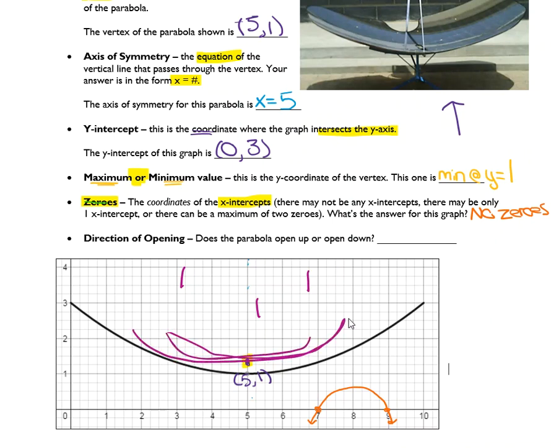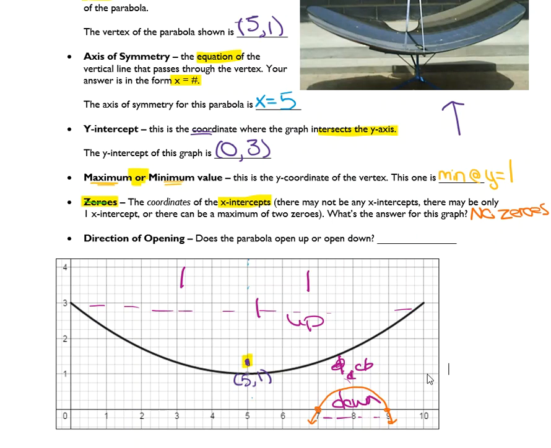This means it's opening up. When you have the curve, the open part is across the top here. It opens up. This one down here, the open part is here. This is like your sad face. That's a sad face, that's opening down.